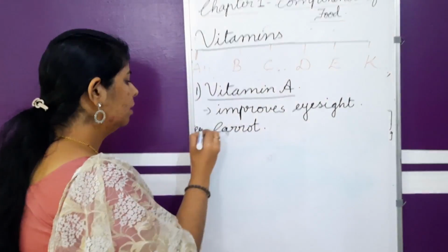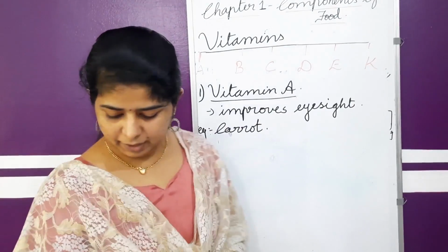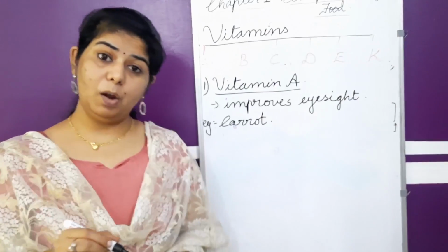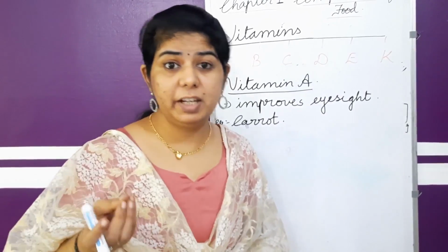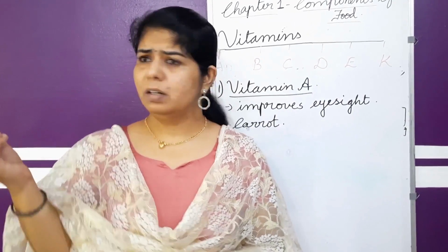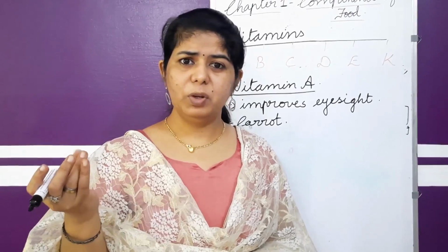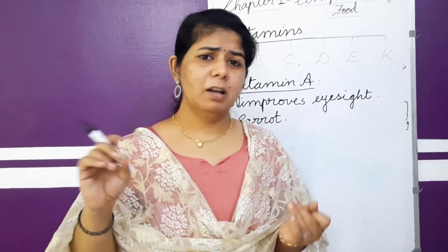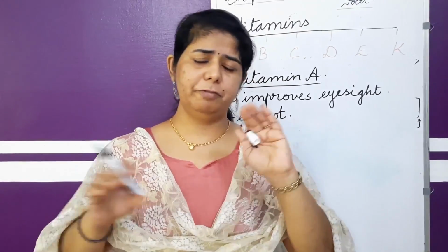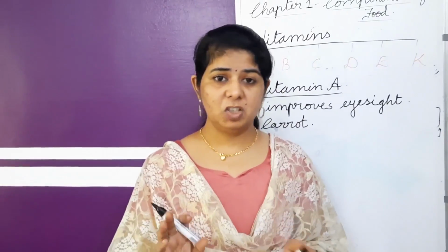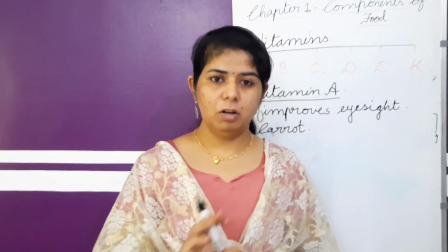Examples of food which contains vitamin A are carrot and all the leafy vegetables: spinach, chira, drumstick leaf, muringela. There are different types of leafy vegetables, not only these two.